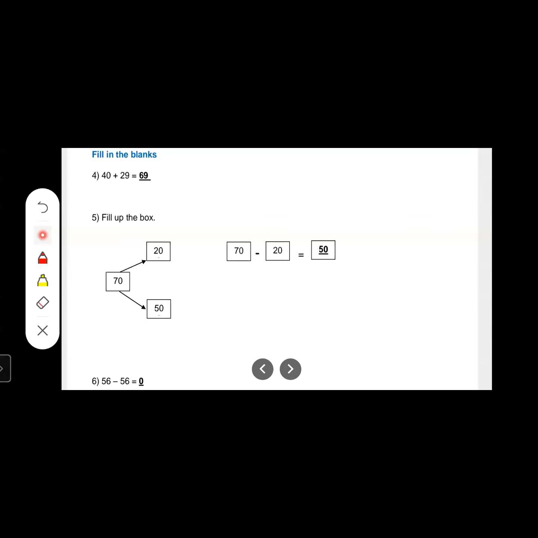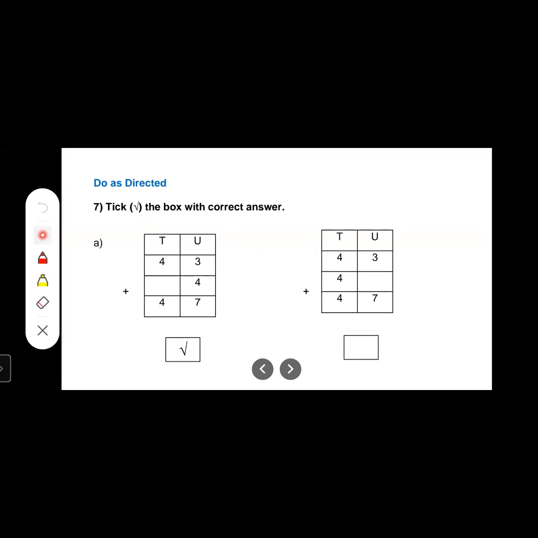Then 40 minus 40 is equals to 0. You know this, right? So here what is the sum? 56 minus 56 is equals to 0. Very good. Next question.